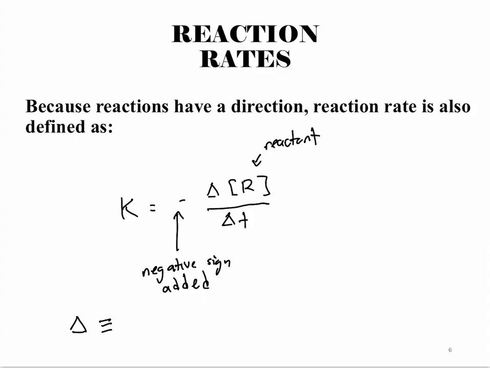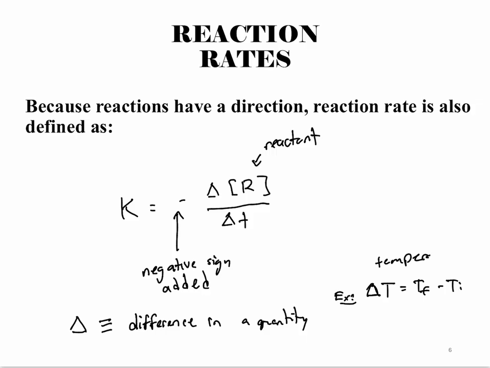It's the difference in a quantity, and generally it means whatever the final is minus the initial. For example, delta T is equal to T final minus T initial, for temperature. For concentration, we're saying the final concentration minus the initial concentration.